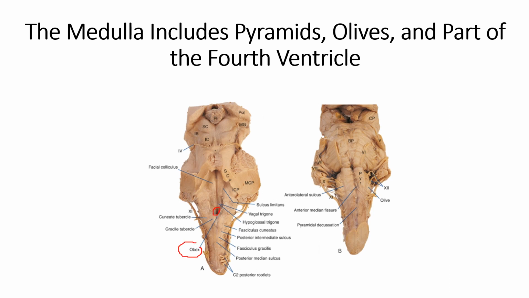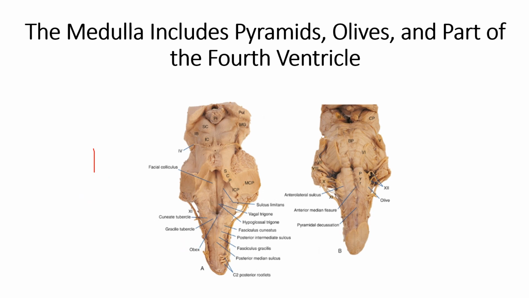It's this opening here. So we have our vagal trigone, our hypoglossal trigone, and then the obex is the opening. O for obex, O for opening. I pretend that that's symmetrical in a nice circle there. And that is going to be our cerebrospinal fluid going down and becoming the central canal there.